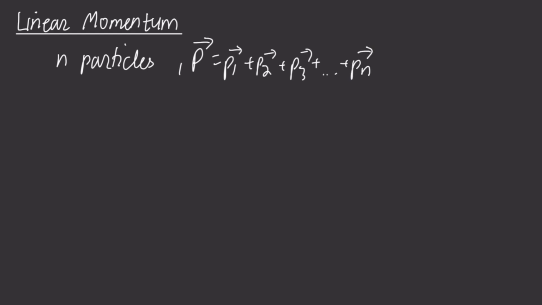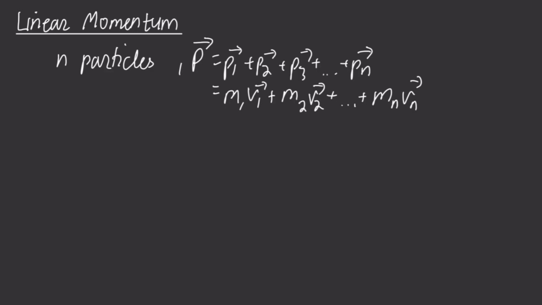We can rewrite this as m1 v1 plus m2 v2 plus all the way until mn vn, since they, by definition, all have their own masses and velocities.